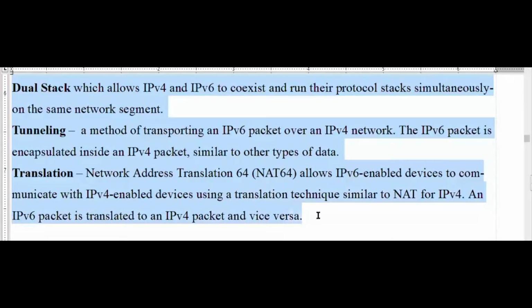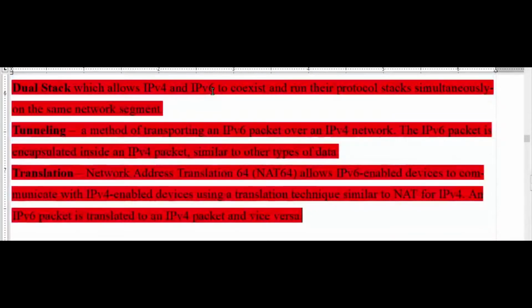Tunneling is a method of transporting an IPv6 packet over an IPv4 network. The IPv6 packet is encapsulated inside an IPv4 packet, similar to other types of data. Translation: Network Address Translation 64, or NAT64, allows IPv6 enabled devices to communicate with IPv4 enabled devices using a translation technique similar to NAT for IPv4. An IPv6 packet is translated to an IPv4 packet and vice versa.